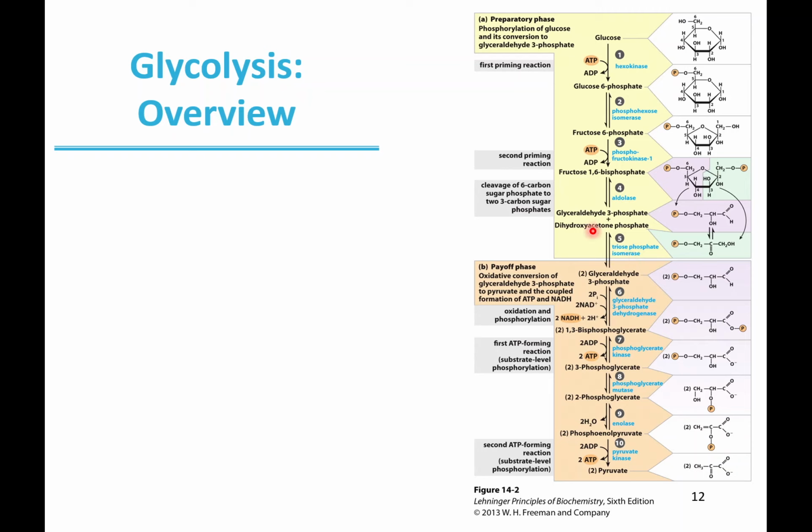On an exam, I'll probably have to stay consistent, since these are figures from our book, so we'll just call it the first 5 steps, I guess. The payoff phase is the next, steps 6 through 10, and that's where you get energy out. So in the first 5 or 4 you're putting in energy, and in the last 5, steps 6 through 10, you're getting energy out.